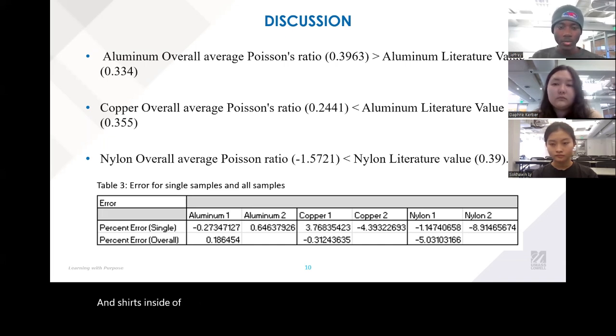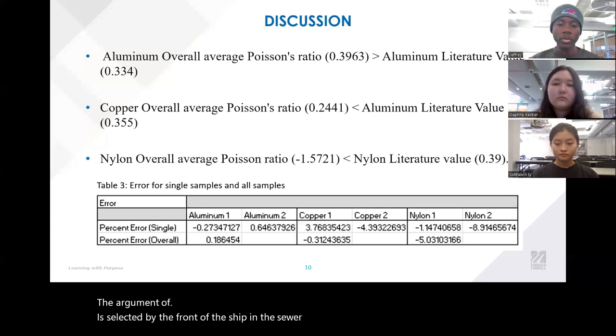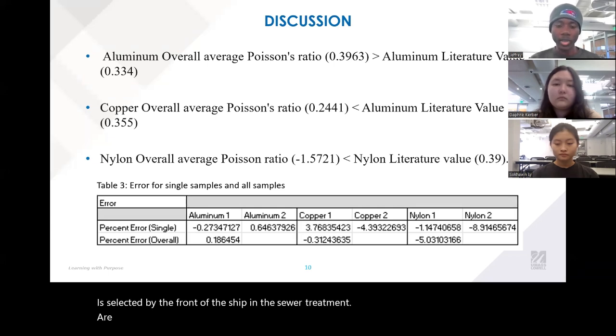From this slide, we can see that the overall average Poisson's ratio of aluminum is slightly higher than the literature value of this material, indicating possible experimental inaccuracies. However, the result remains in the accepted or reasonable range.